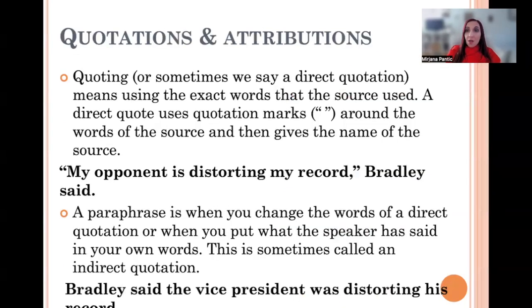What are other important elements of news writing that you should be aware of? Quotes and attributions. We can't just state something in, let's say, the first paragraph of our news story without attributing that information to a source. If we say crime rates in New York have decreased, how do you know that?